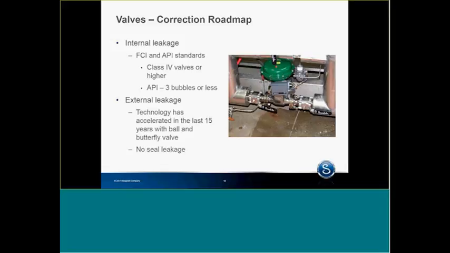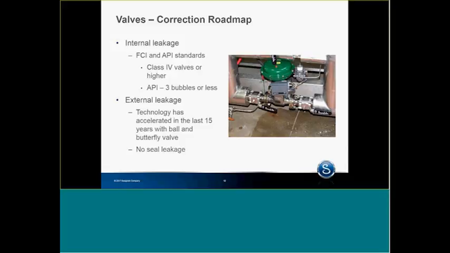The API standard is 3 bubbles or less, which means putting 80 psi on one side of the cavity in the vertical position and filling the other cavity with water and counting the bubbles per minute. And API says no more than 3 bubbles per minute. A lot of vendors will say my valve is bubble tight, which is saying no bubbles in a minute. But you need to understand these classifications.